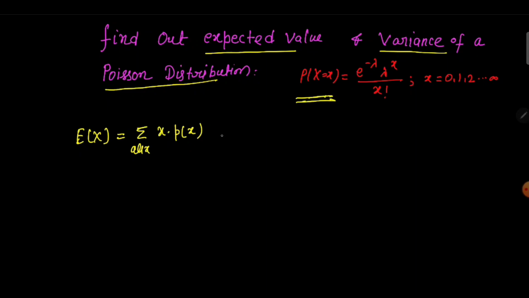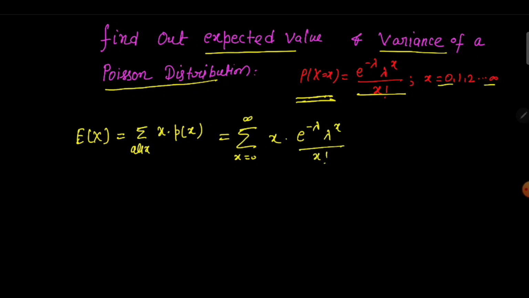Now we're going to put all these values into this equation. The range of x is from 0 to infinity, so it will be the sum from x equals 0 to infinity of x into the probability mass function, e to the power minus lambda, lambda to the power x divided by x factorial.